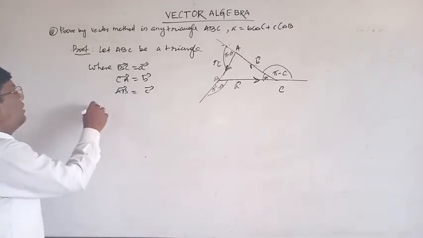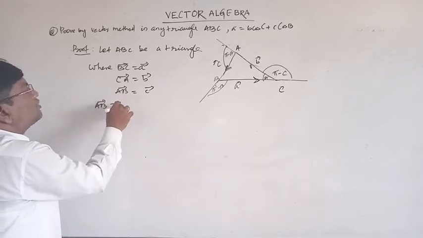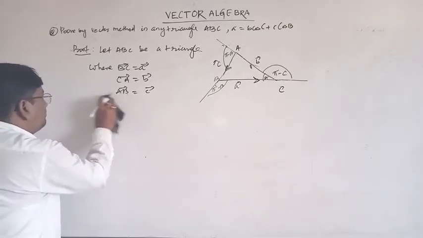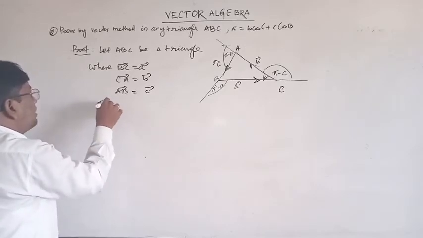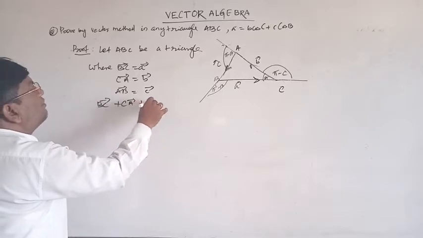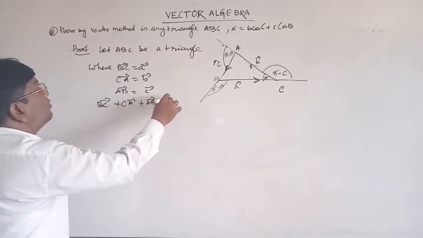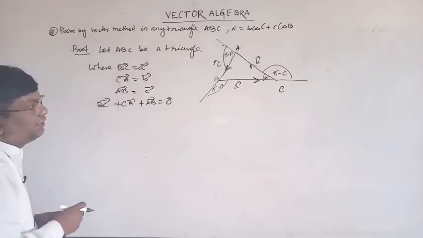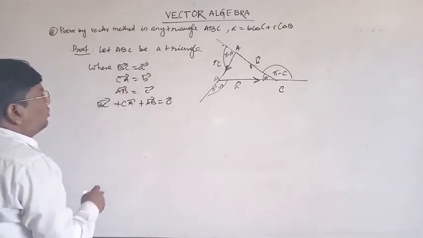So here AB vector plus BC vector plus CA vector is equal to 0 vector. Why? This is closed.